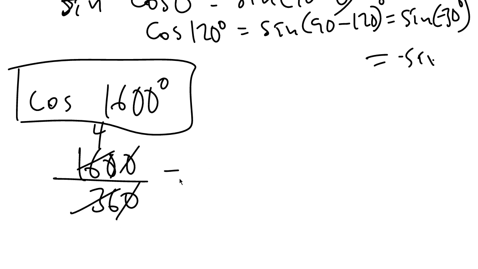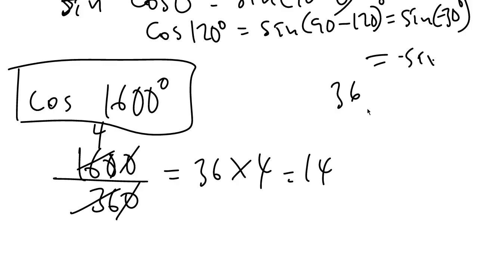It is 4, because 36 times 4 is 144. Do you agree? 36 times 4 is 144. So what is left? That will be 160, as we divided it.